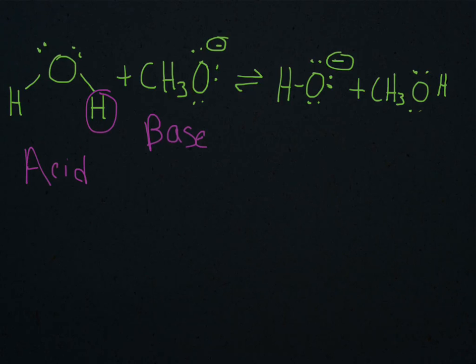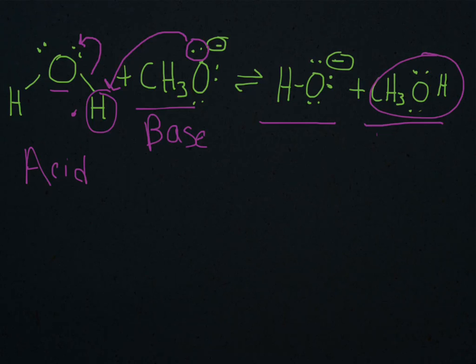So this mechanism will occur by these electrons moving towards the hydrogen and forming a bond, and these electrons forming a bond between this oxygen and this hydrogen will be moving back to the oxygen, giving it a negative charge in the products, and this H will be having formed a bond in this compound in the products.